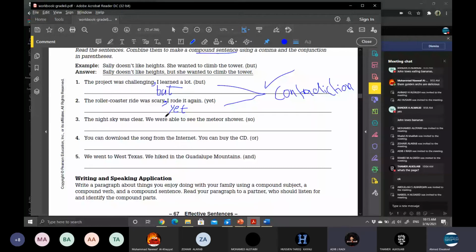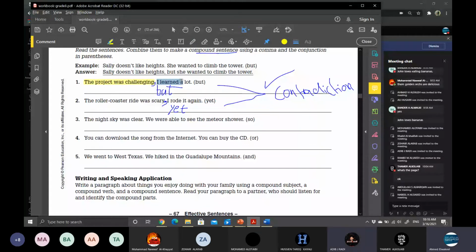In number one and number two, we used but and we used yet, and both of them indicate contradiction. There is a contradiction between the two clauses, right? The project was challenging, but I learned a lot.